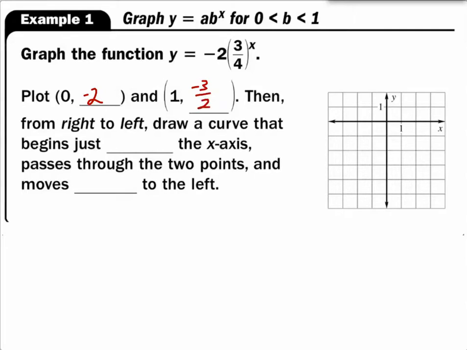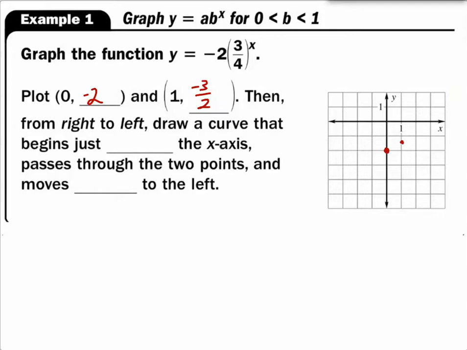So we have the point (0, -2), and we have the point (1, -3/2), which is like that.